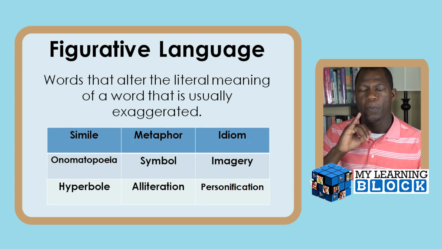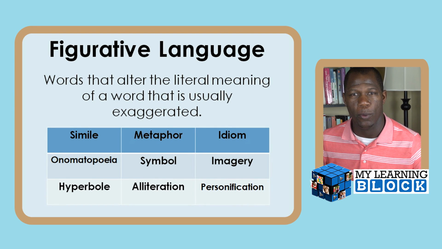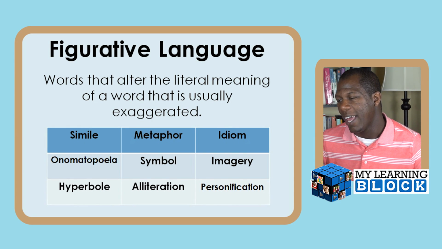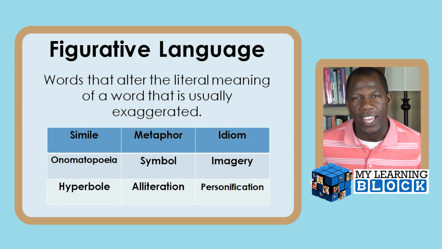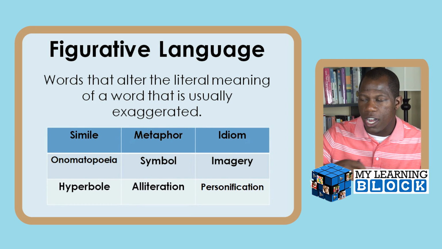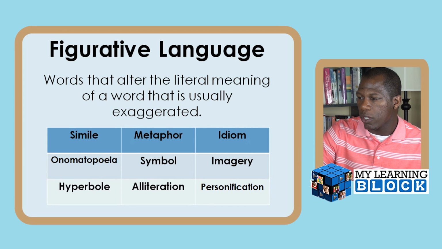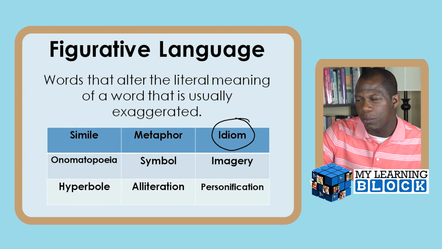We also have onomatopoeias, symbols, imagery, hyperbole, alliteration, and personification. Those are all different types of figurative language. But today, like I said, we are going to focus our attention on idioms. What's an idiom?